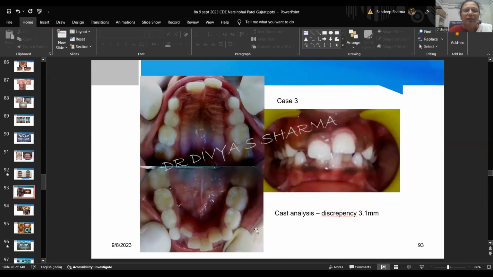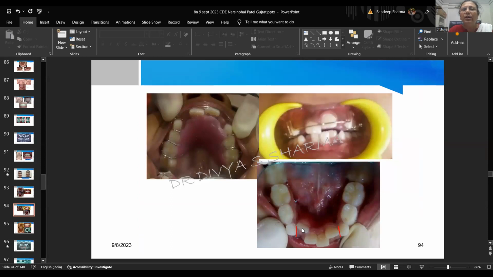Here the sluiceway was created, discrepancy was calculated, and a Hawley appliance was used. I always prefer Hawley appliances. The sluiceway was created by giving an inclined slice on the canine, on which the lateral incisor can slide anteriorly. The mesiodistal dimension at the buccal aspect is maintained, but it is reduced from lingual to mesial side.